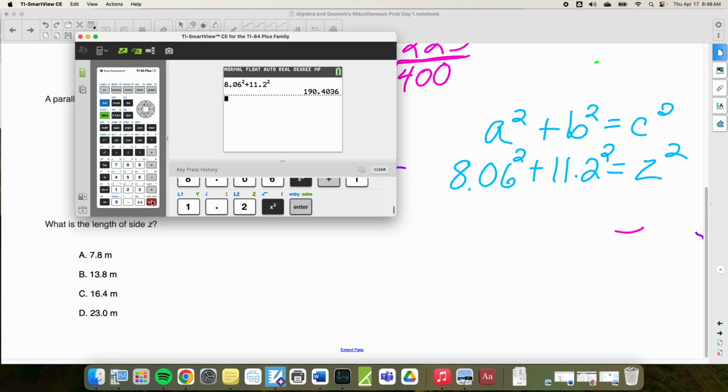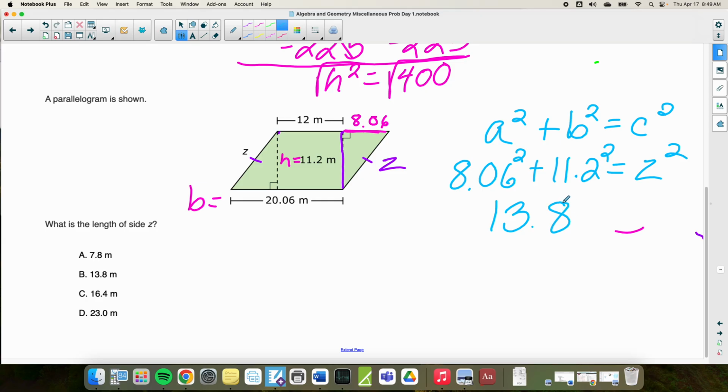How would I then find z? Square root, right? Have I shown you guys this? If you go second square root, you can pull that number down by going second negative there. You don't have to do it that way, but it might save a little bit of time. So this is about 13.8, okay, which is right there.